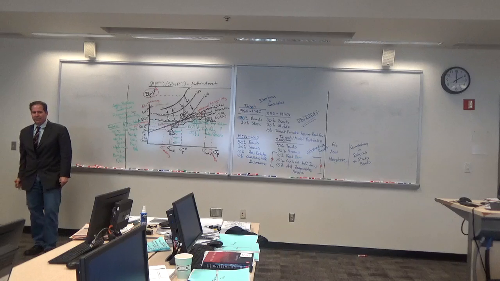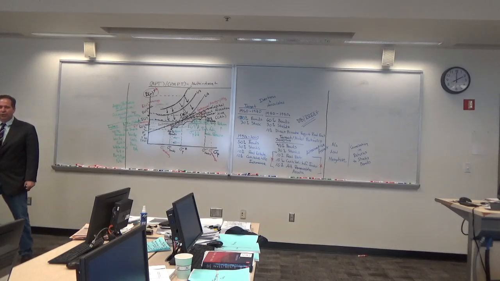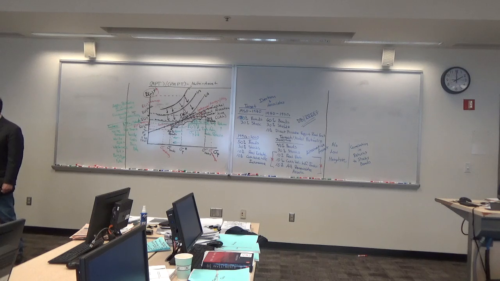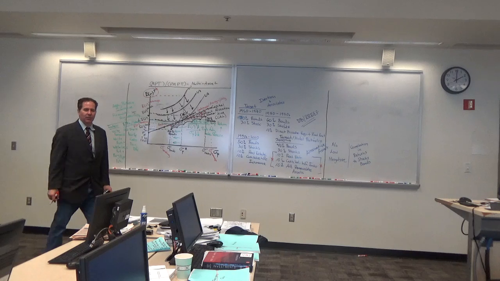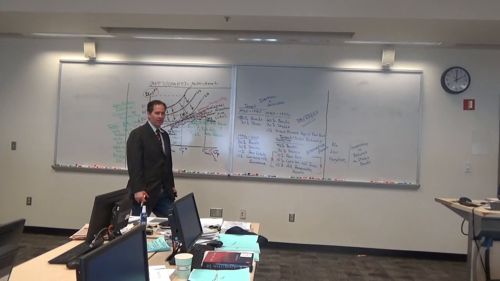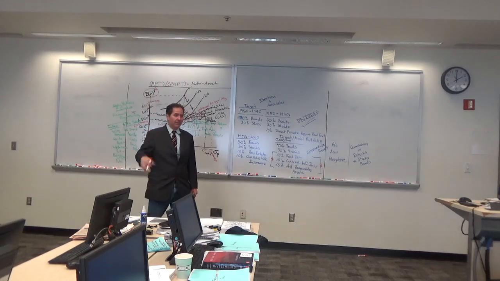Because when you use leverage, margin, or mortgage, it increases the volatility in the net cash flows. Okay? So you're introducing more volatility into the portfolio to get a higher rate of return.